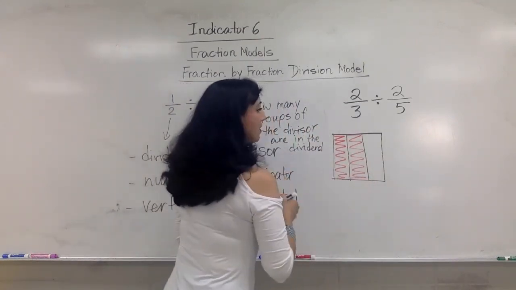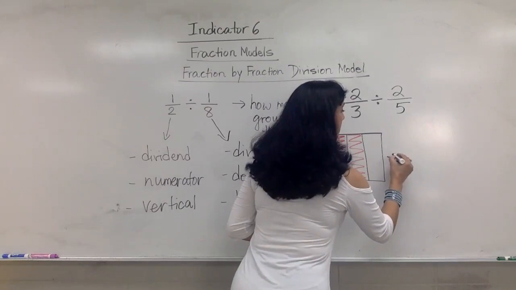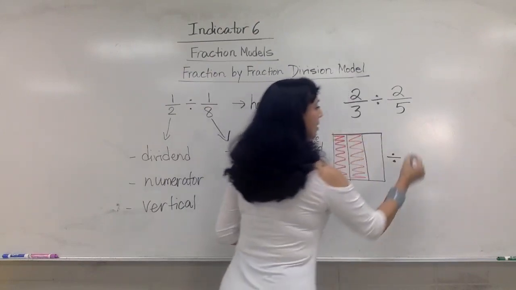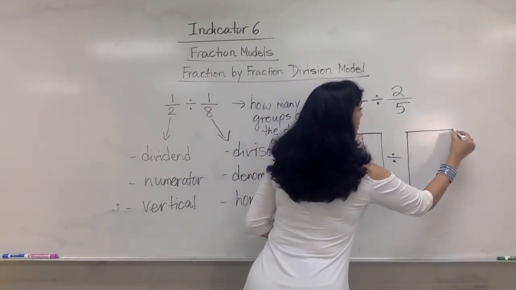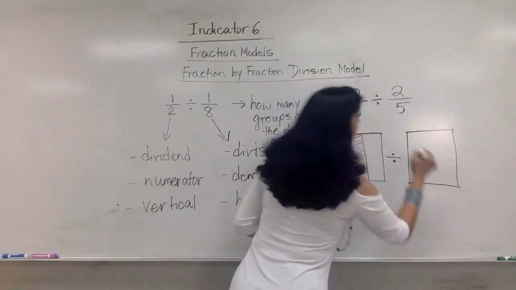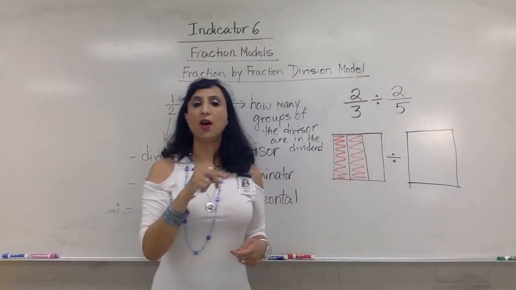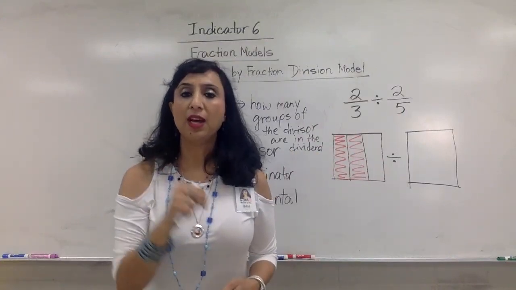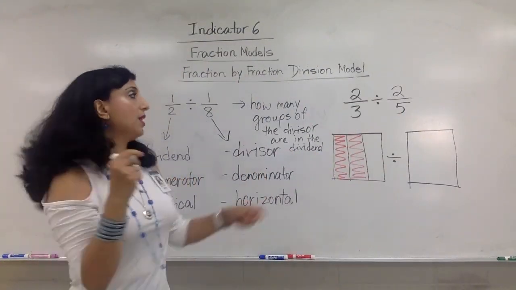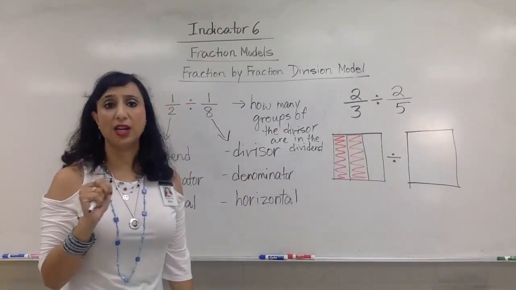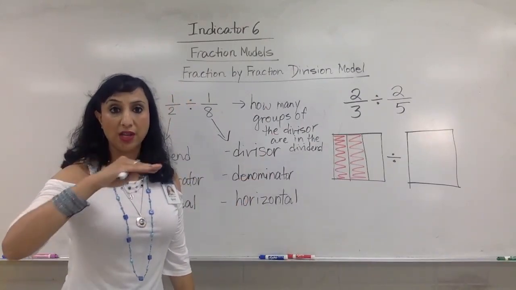Okay? And then this is divided by 2/5. Again, we look at the denominator, and the denominator is 5. And so therefore, since this is my divisor, I'm going to make it horizontally.